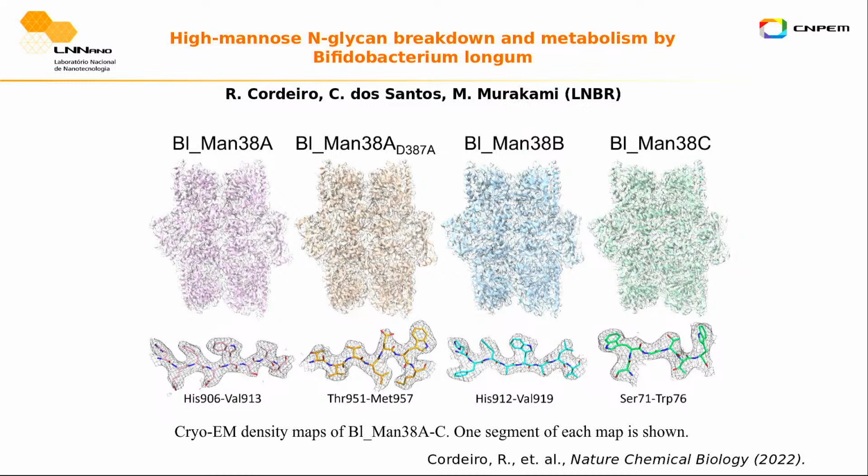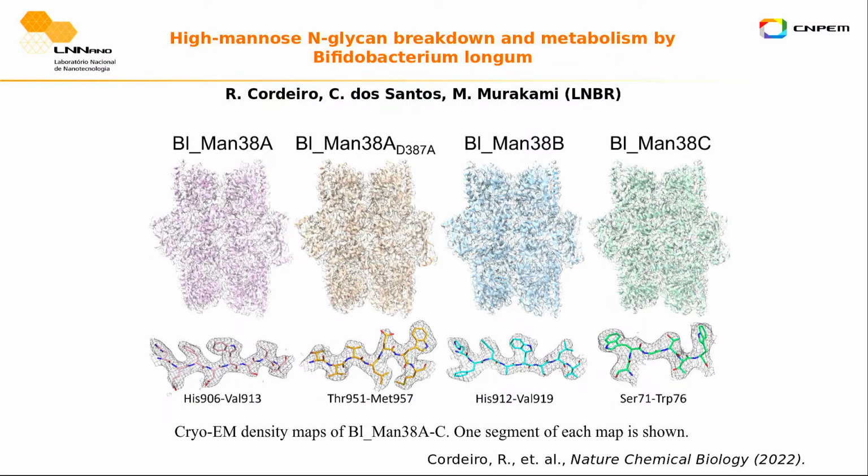It's interesting because they had been working for so long with this protein. When they came with the sample, we did a quick test in the morning, and in the afternoon we were doing data collection in the cryo, because the protein was a really, really perfect protein. What we're seeing here are 3 different proteins. They are part of this chain of metabolism for high mannose N-glycans in Bifidobacterium longum.